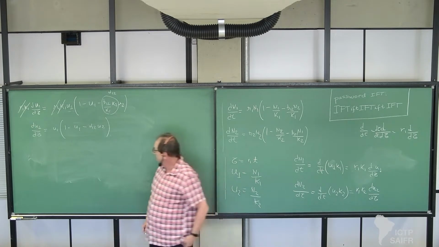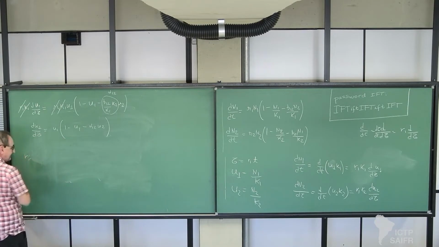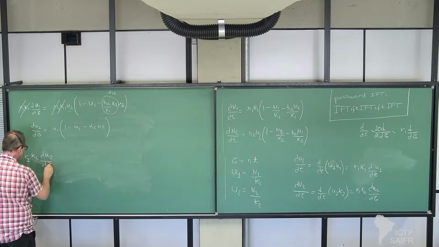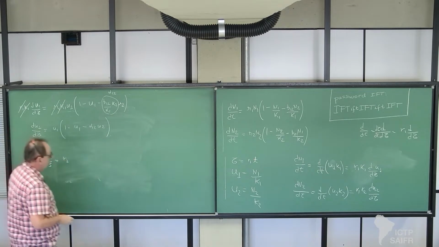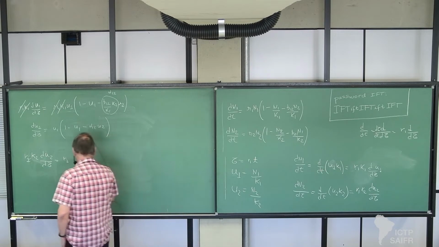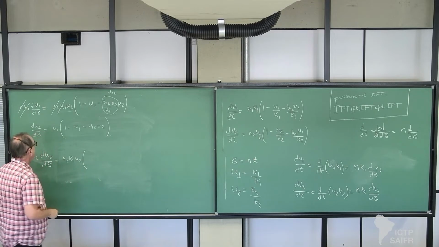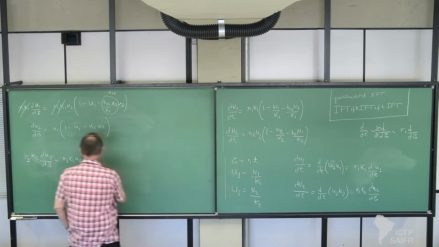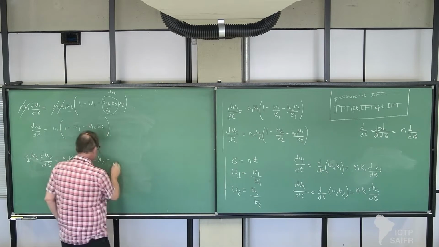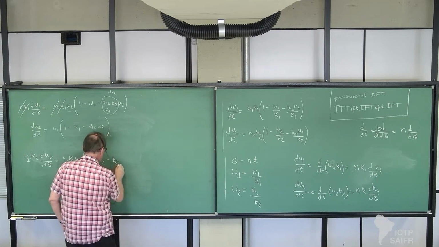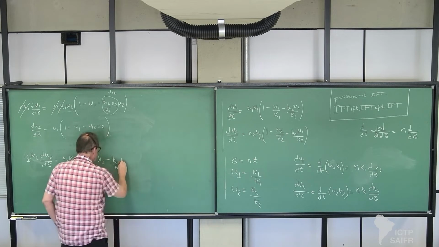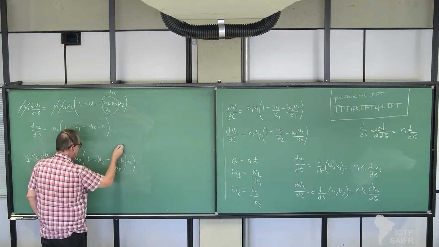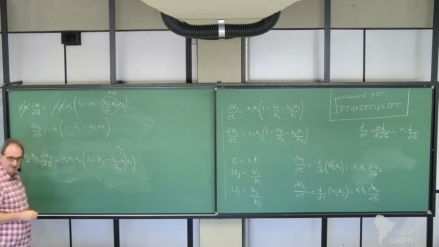Now I do the same thing for the second equation. k2 u2 times 1 minus, again this is u2, minus something which is b21 over k2 times k1 times u1, which again I simplify and call alpha 2,1.